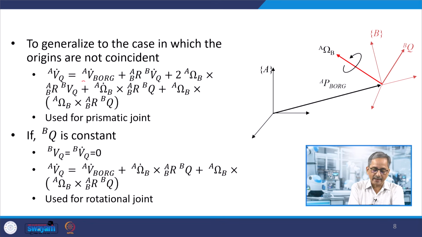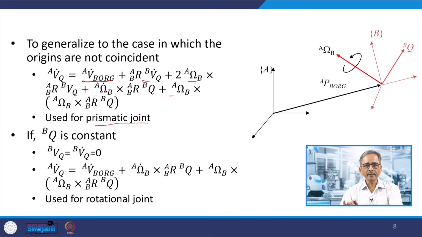So I can add this additional acceleration term, that is the acceleration of the B origin with respect to frame A and expressed in terms of frame A, plus the rest of the terms as they are. So this is my general expression, and this equation can be directly used for a prismatic joint.